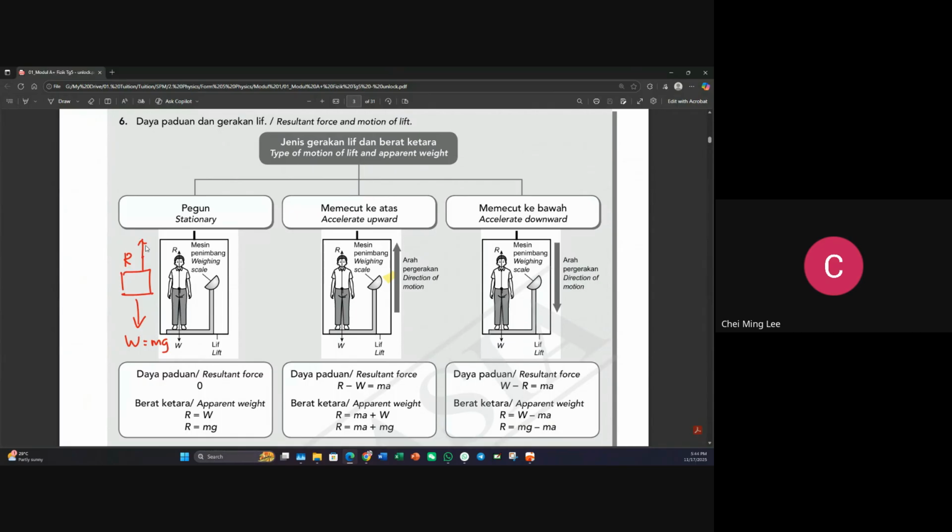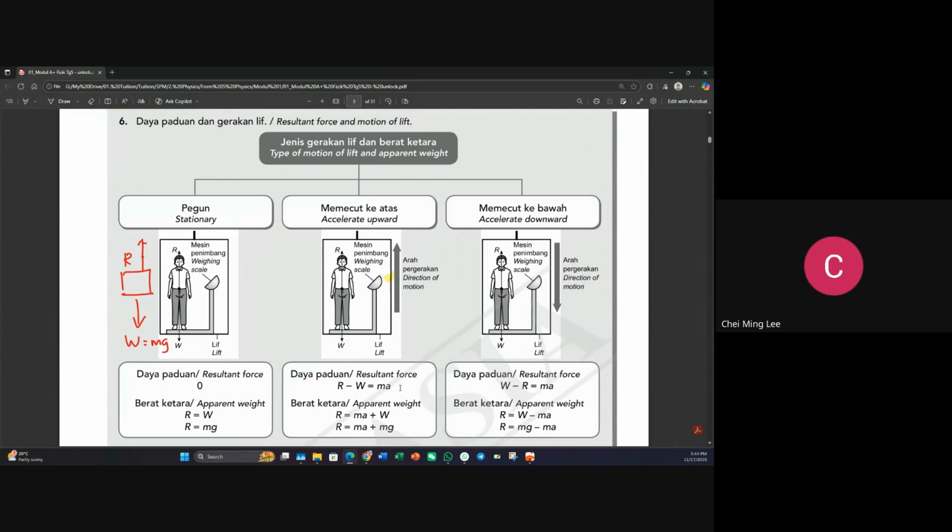Now your R is equal to W, which is equal to mg, so R equals mg. Now, when the lift moves upward, your resultant force will be R minus W equals ma, because there is a force moving upward. So R minus W equals ma.